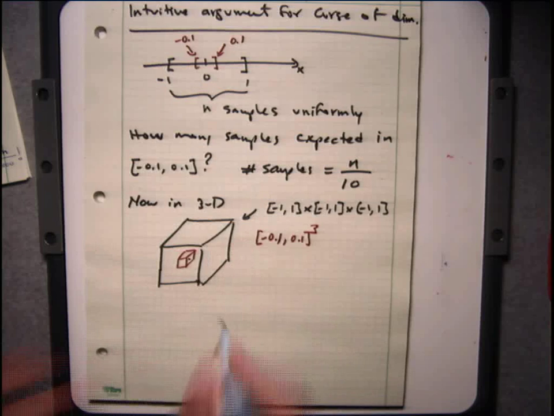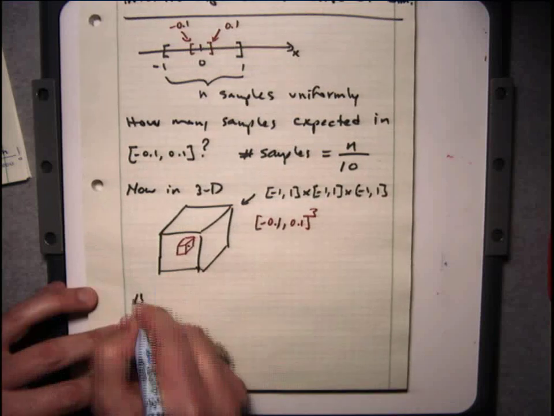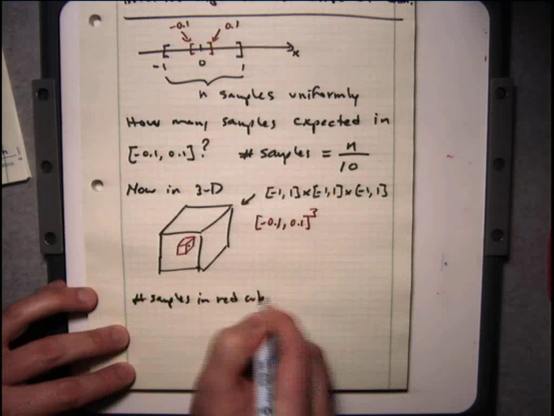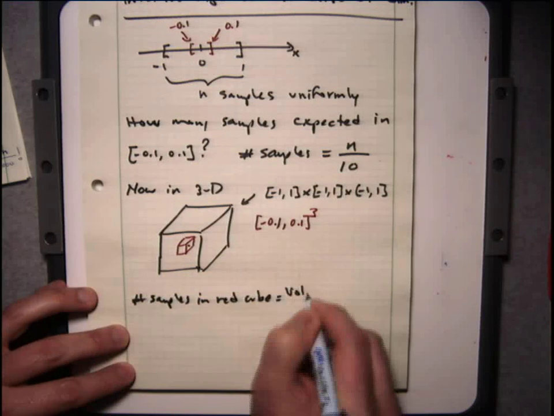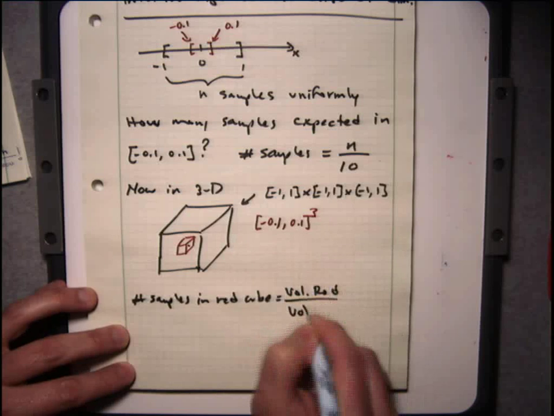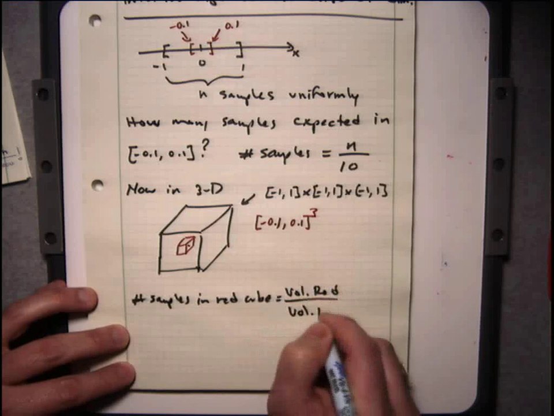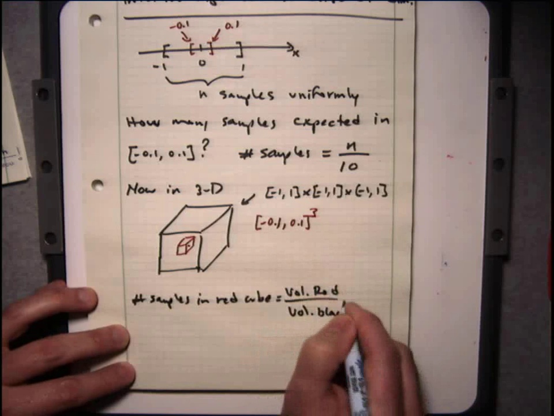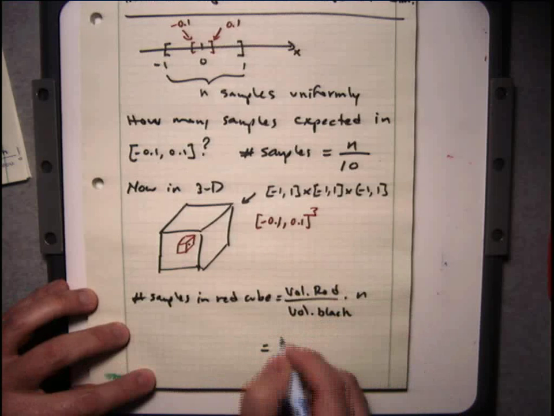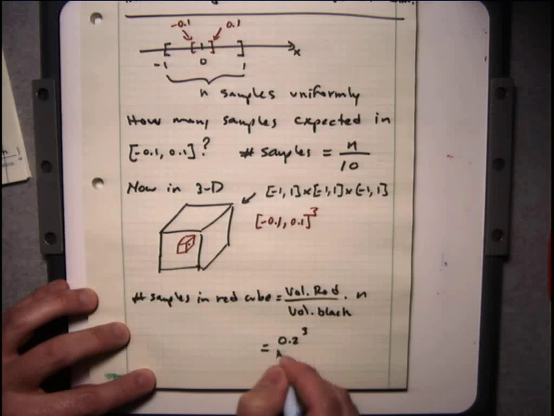Well, the number of samples I can expect in the red cube would be the volume of the red divided by the volume of the black cube times n, right? And if you look at this, you've got 0.2 cubed divided by 2 cubed times n.